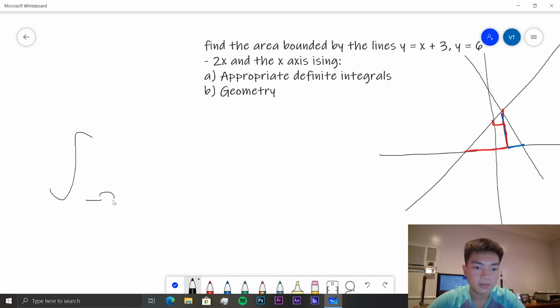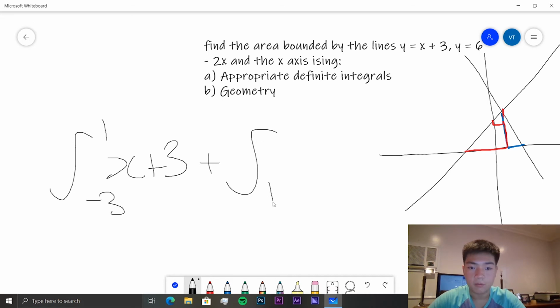That's when x is negative 3. When do these two lines intersect? That is when 3x equals 3, so x equals 1. So we need to get the integral from negative 3 to 1 of x plus 3, plus the integral from 1 to 3 of 6 minus 2x, it seems.